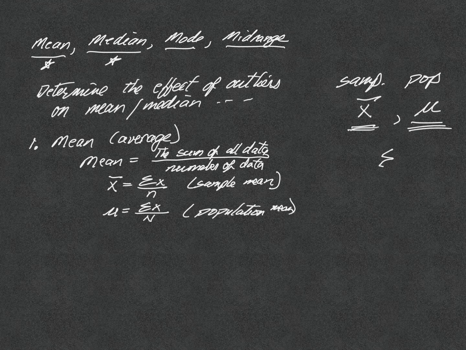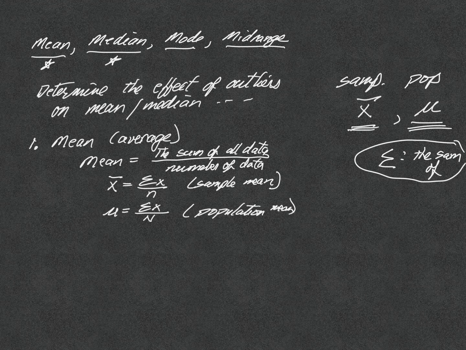This symbol is sigma, Greek letter sigma, and means the sum of. And if you did a lot with sequences and series in algebra or calculus somewhere, then you would have seen this symbol quite a bit.